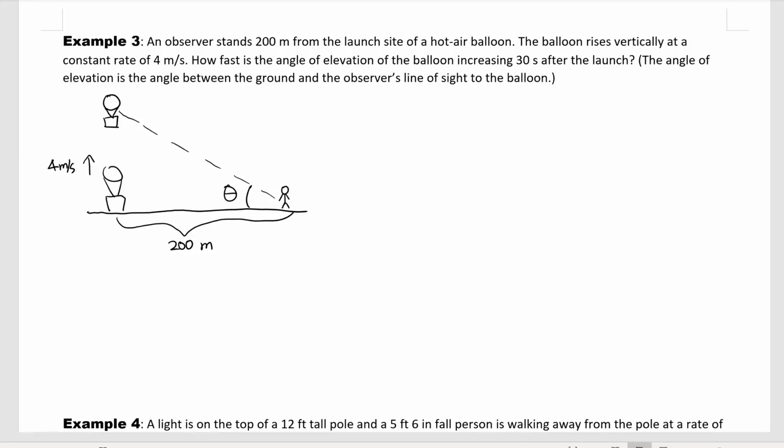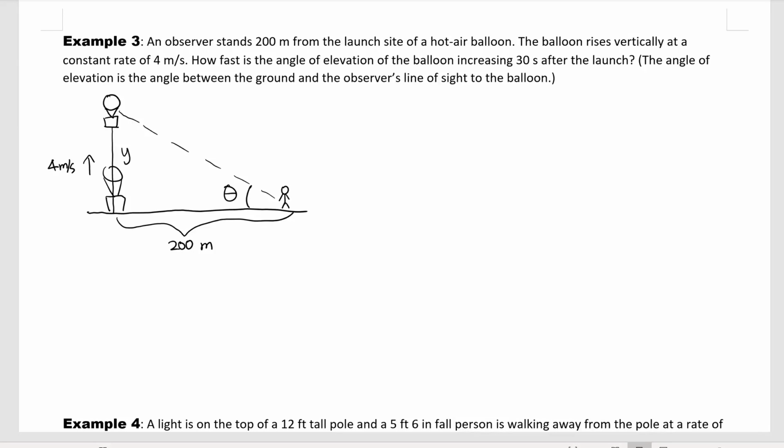Here you can see the balloon is rising, so let's call this vertical distance y. How about the horizontal distance? Do we call it x? Does that change? No, it's always 200 meters.